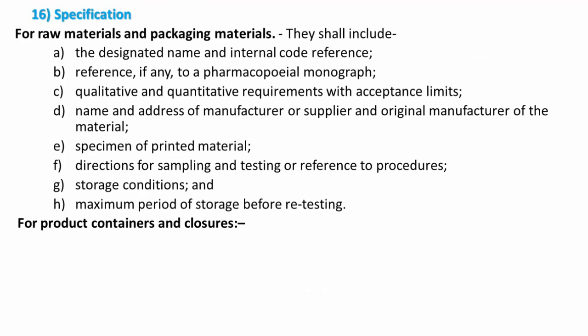Next, specifications. For raw materials and packaging materials, they shall include the designated name and internal code reference, if any, a reference to a pharmacopoeia monograph, qualitative and quantitative requirements with acceptance limits, name and address of manufacturer or supplier and original manufacturer of the material, specimen of printed material, directions for sampling and testing or reference to procedures, storage conditions, and maximum period of storage for retesting.